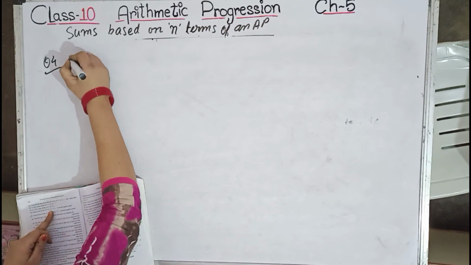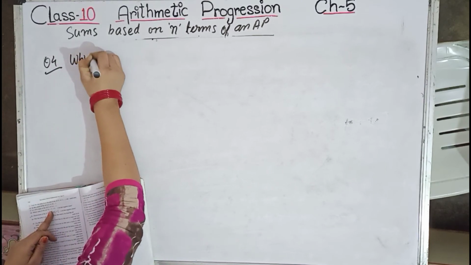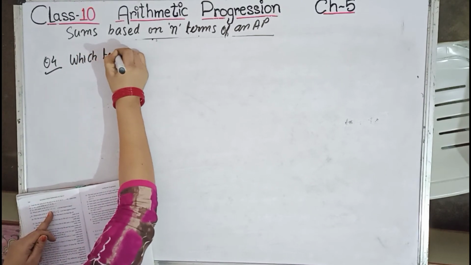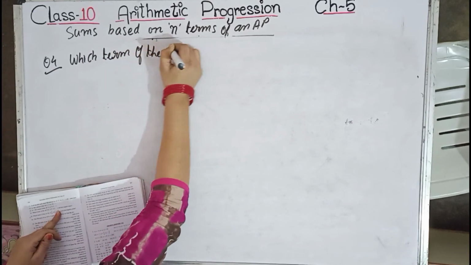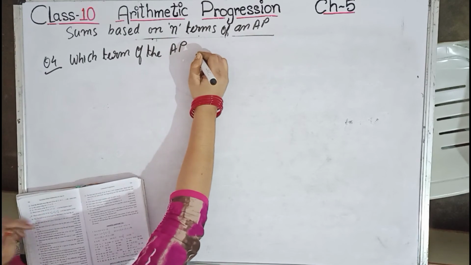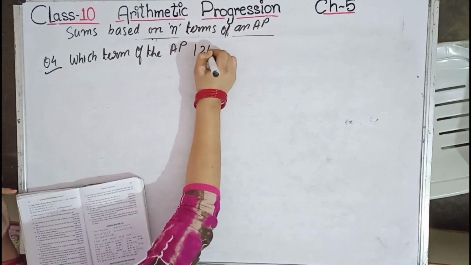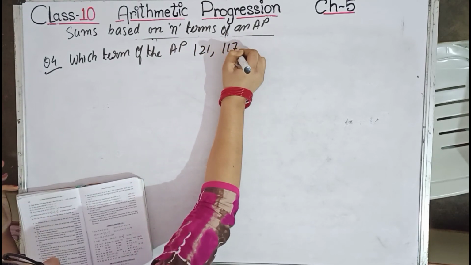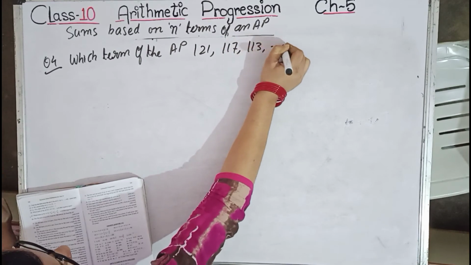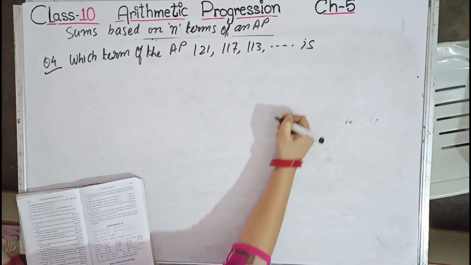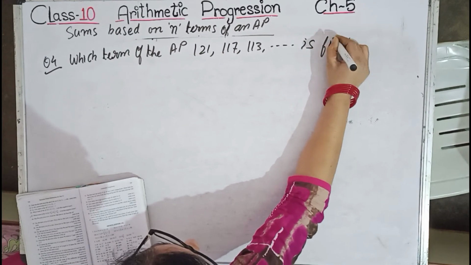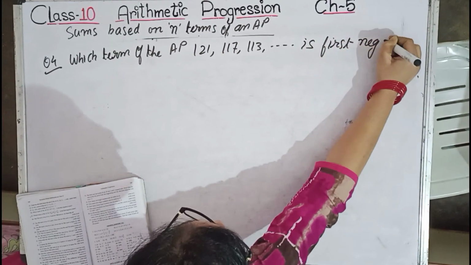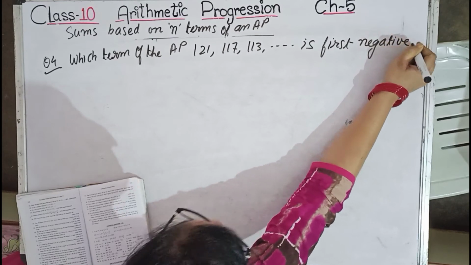Which term of the AP 121, 117, 113 and so on is the first negative term?